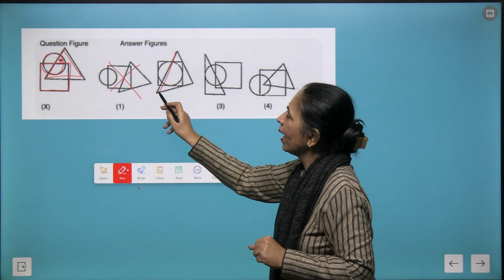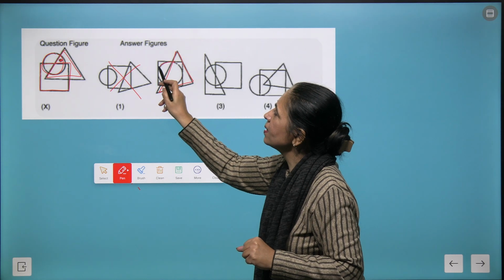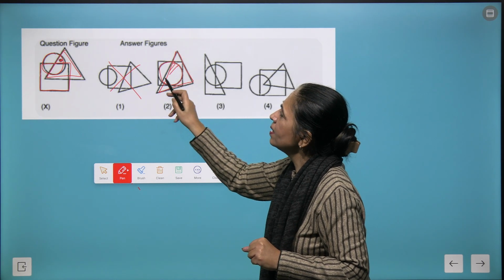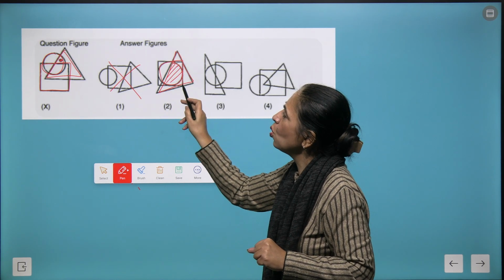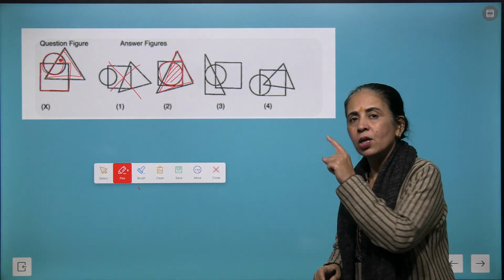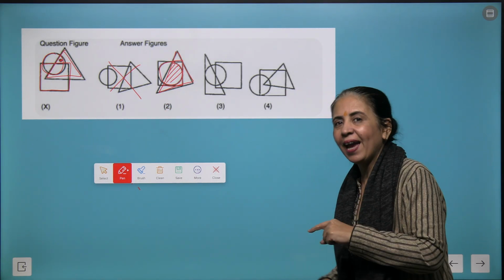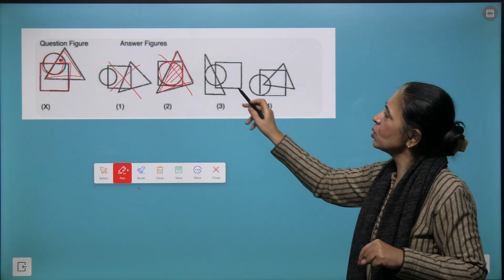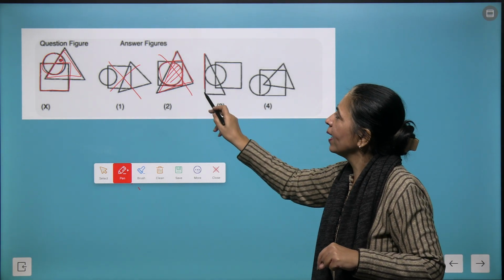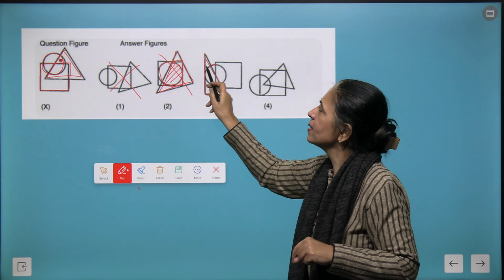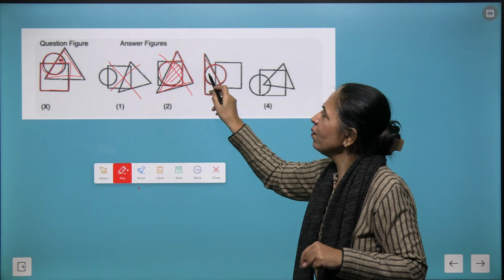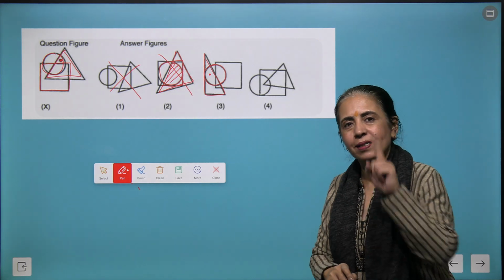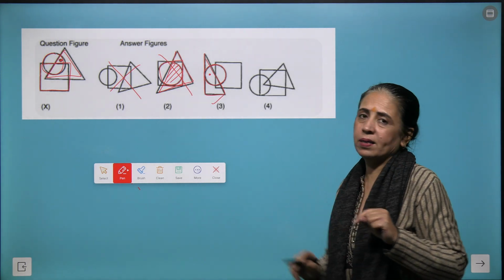This is a triangle and this is a circle, and this intersection also exists in a square. So what will you do? Again eliminate this option. Coming to the next one, we have a triangle here and circle here. Can we mark the meeting point? Yes, that could be the answer.